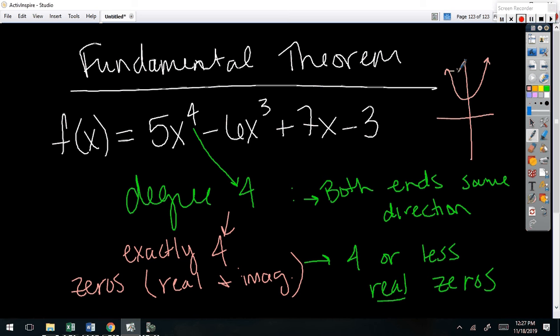The degree is 2 because it's a quadratic. Yeah. But it still has 2 zeros. It's just that in this case, these zeros would be imaginary. Okay? Does that make sense to everybody? And we talked about those 2 imaginary zeros, right? Because it's never crossing the x-axis.